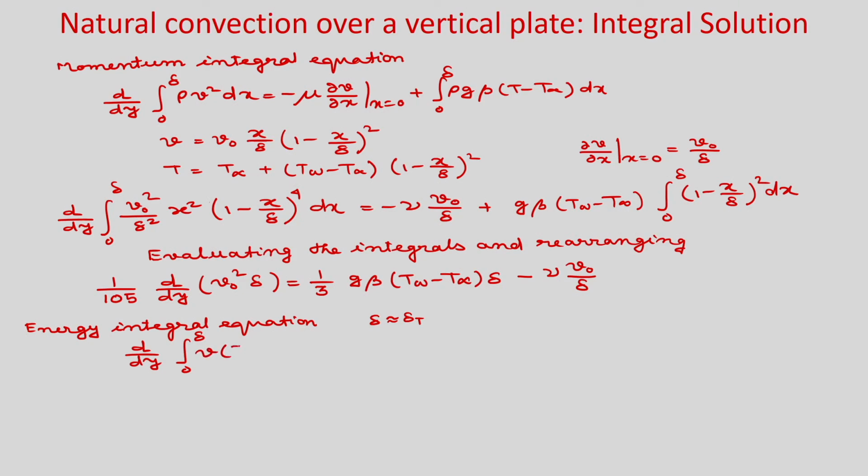So, v into (t minus t infinity) dx is equal to minus alpha del t by del x at x equal to 0. So, put the velocity profile and the temperature profile here.